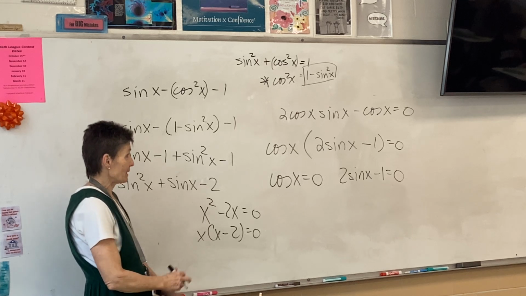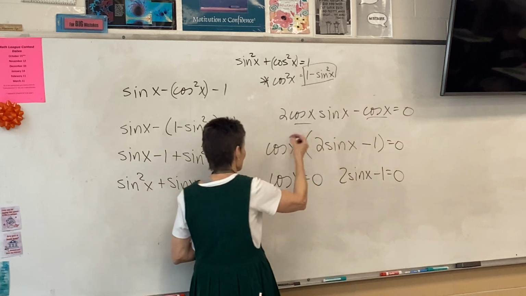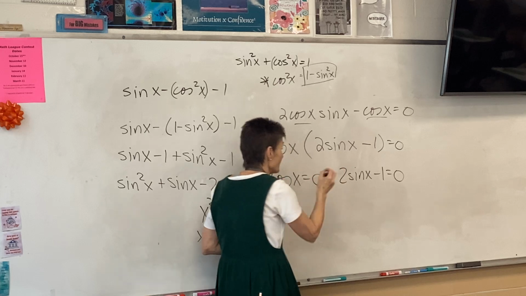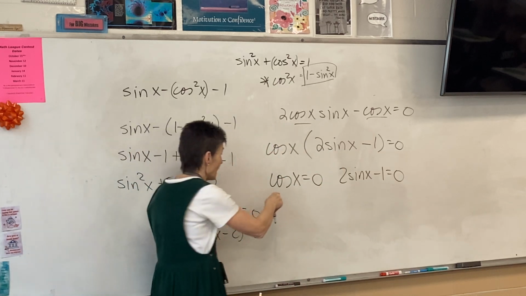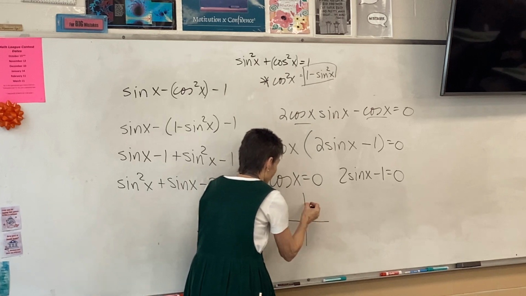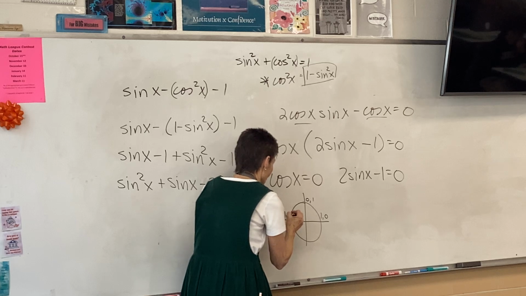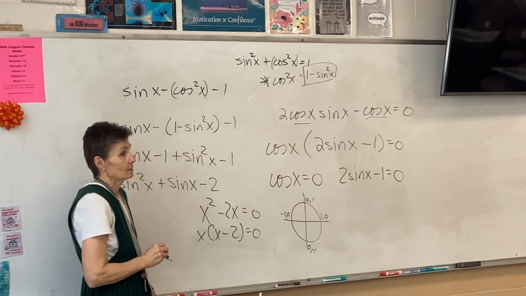So we looked at our big equation, we noticed we had a common term, we factored it out, and then we set each factor equal to 0. Now let's look at that for a second. Where is the cosine 0?